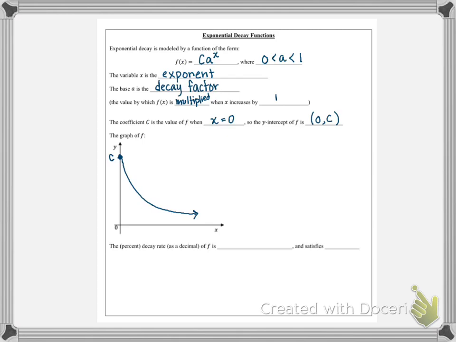And then our percent decay rate, again, is exactly the same. So the change in our y values over the initial y value. The difference here is that this number is going to be negative.